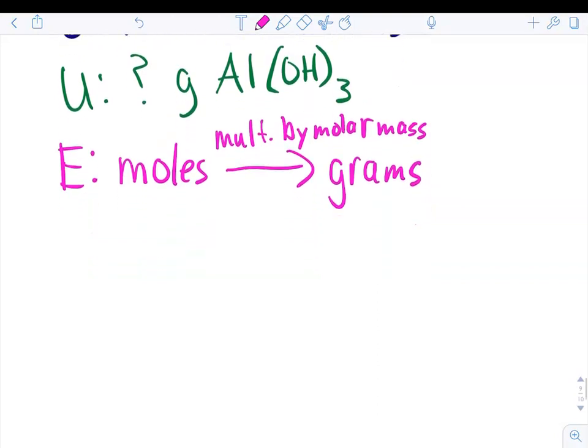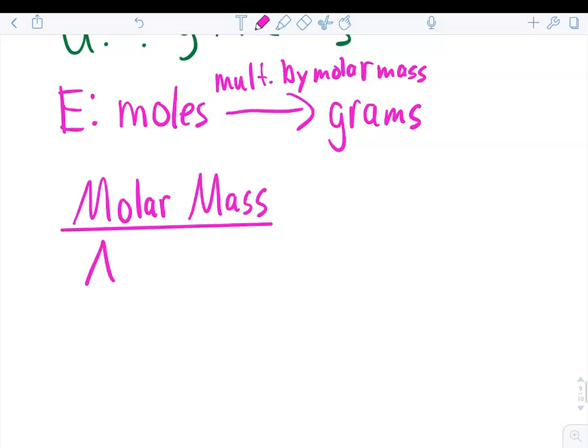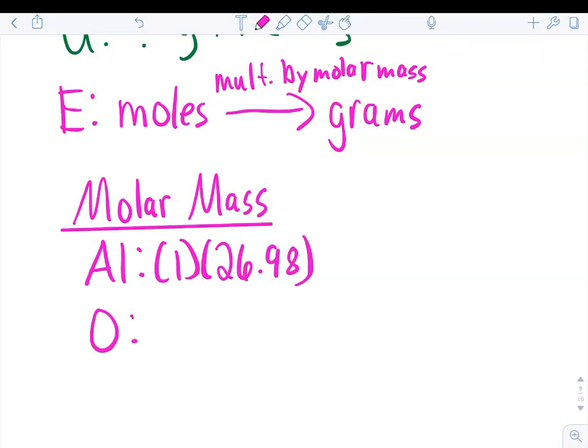And so since we need molar mass, we have to find the molar mass. Now, I'm not going to show the mass numbers from the periodic table. I trust that you can find those using your periodic table, but I will show the work for finding the molar mass.